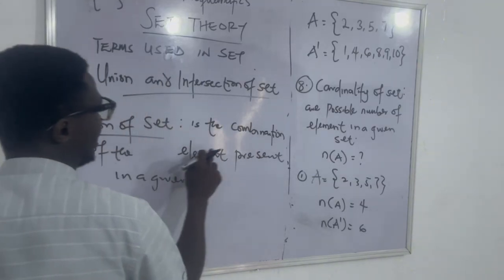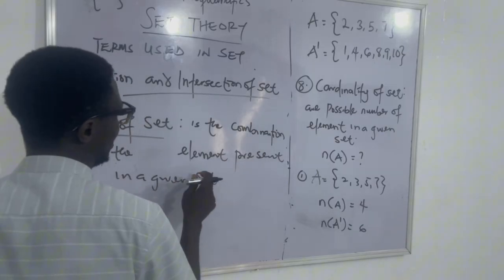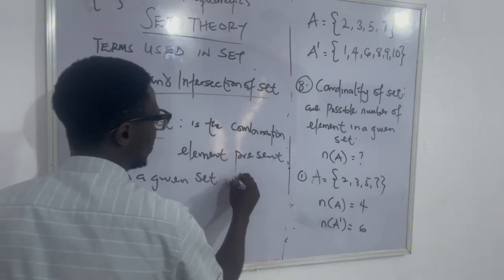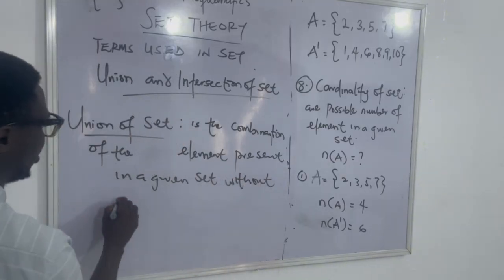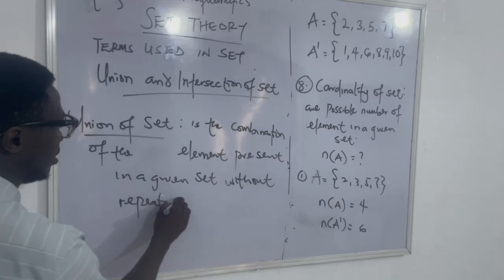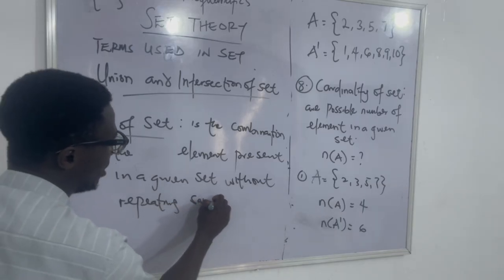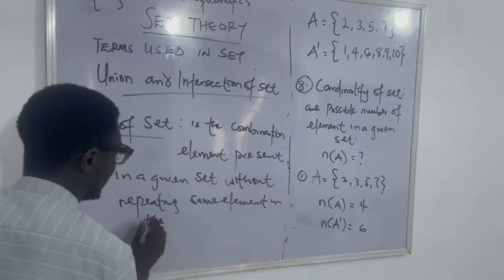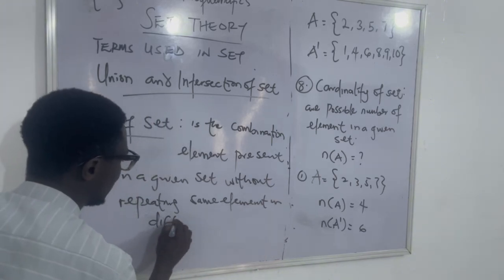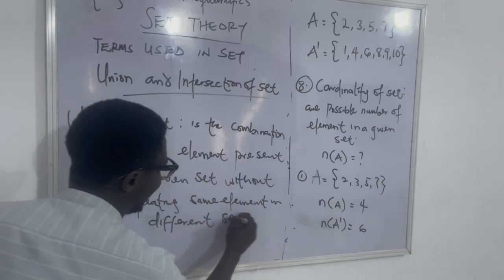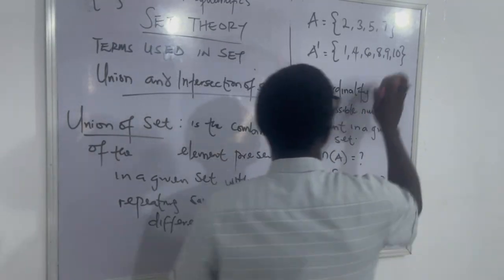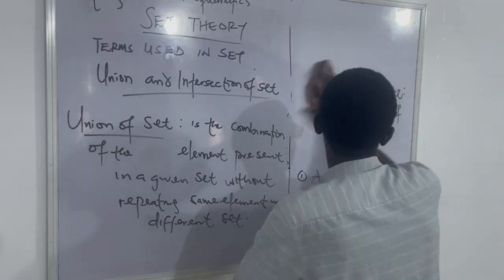Combination of the elements present in what? In a given set. Are we together? Without repeating same elements in different sets. Now, what this English entails, I will explain it. What this English entails, I will actually what? Explain it.